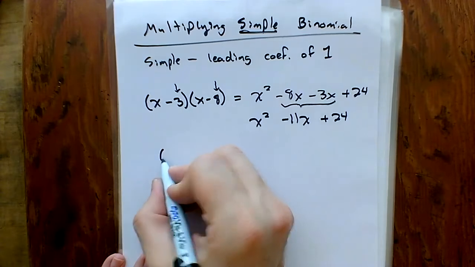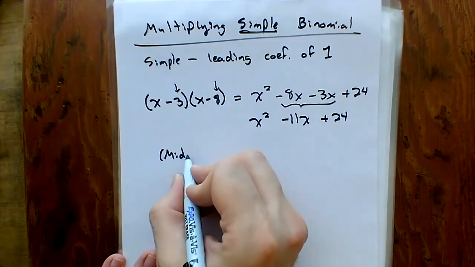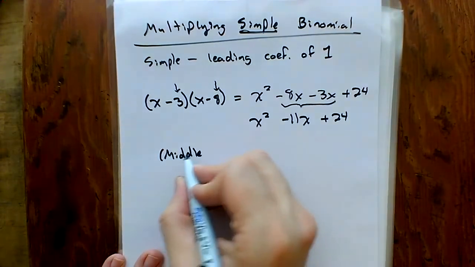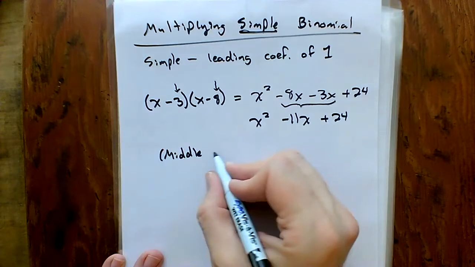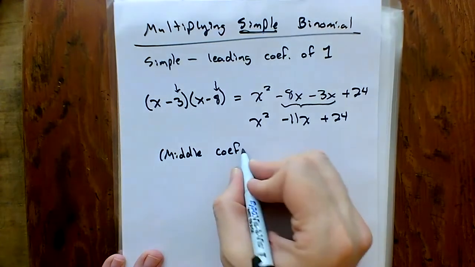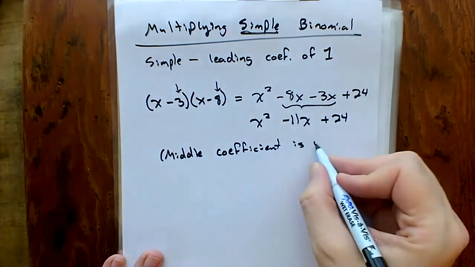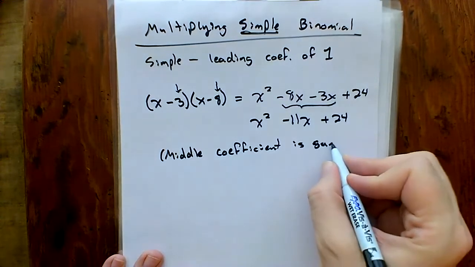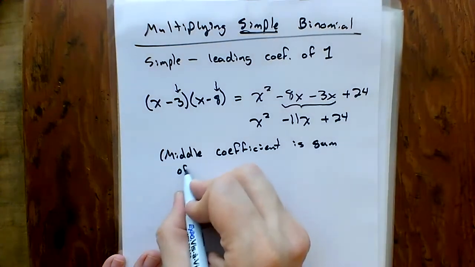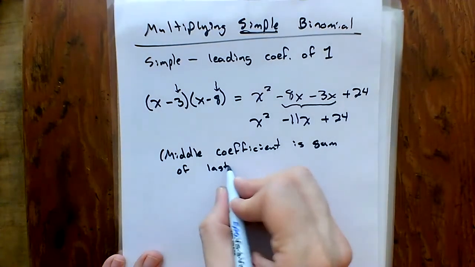So I'll write that down. Our middle coefficient is the sum of our last two numbers.